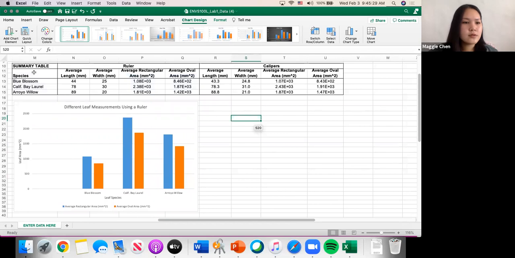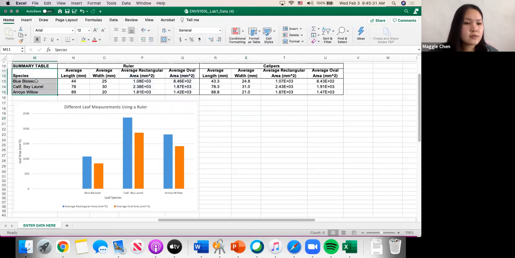We're going to want to select these cells on the side and then hold down either Shift or Command, depending on your keyboard. I'll hold down Command and select these cells off to the side, and then I'll release the Command key to select our data.